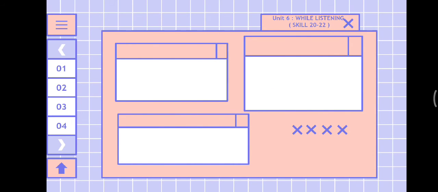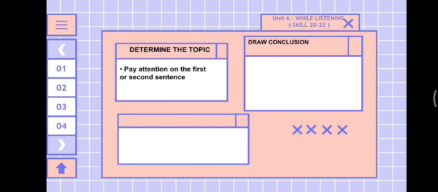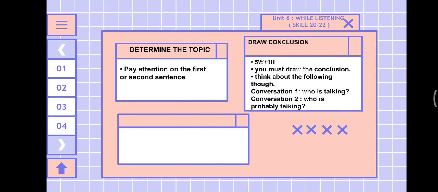Next is Unit 6, while listening, skill 20 until 22. Determine the topic. You have to pay attention to the first or second sentence and draw conclusions. It is 5W plus 1H.